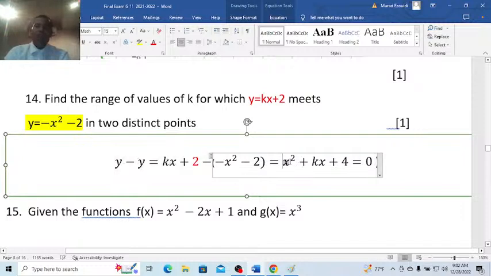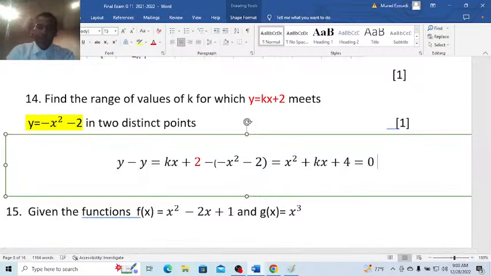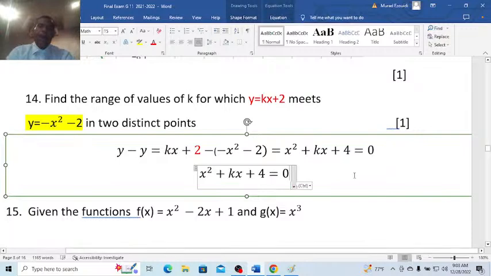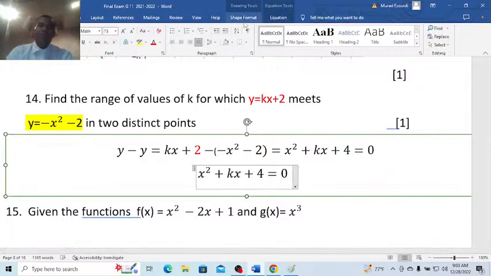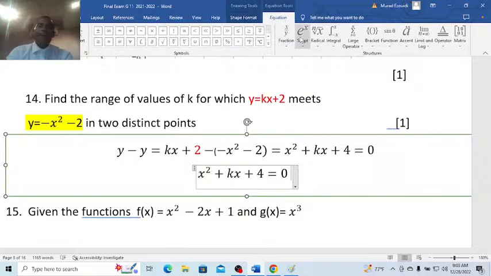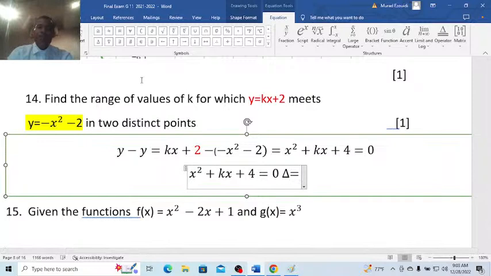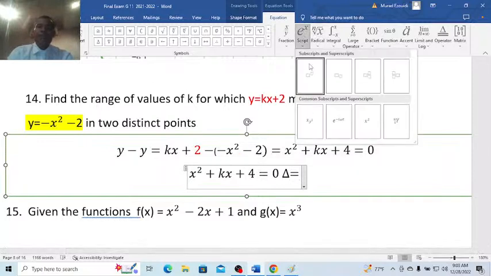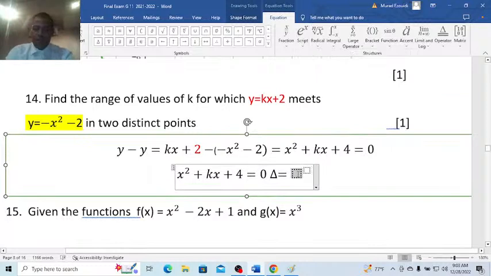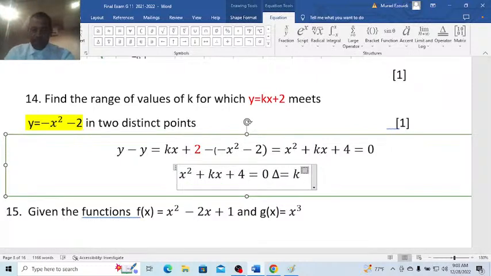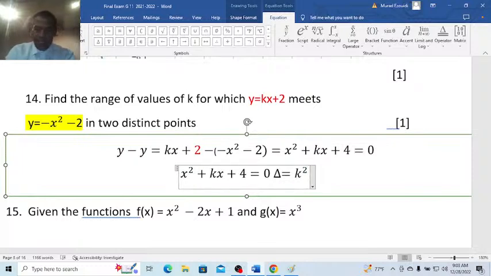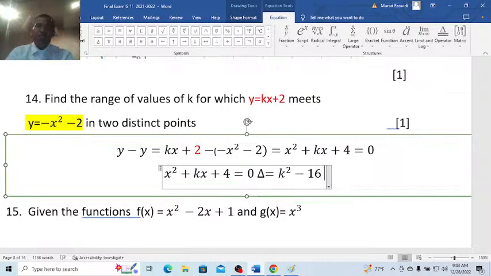Therefore I'm going to solve this equation. I'll make delta equal to b squared minus 4ac, which is k squared minus 16. This one should be positive.